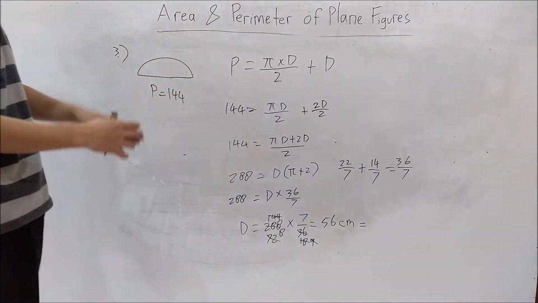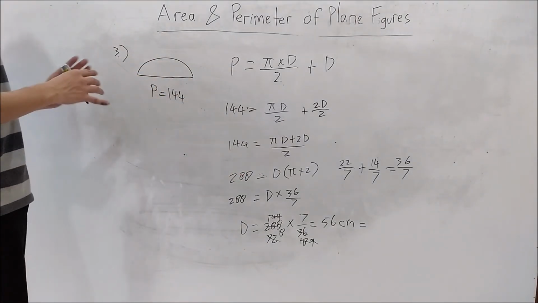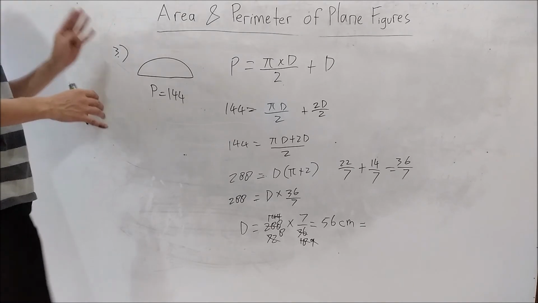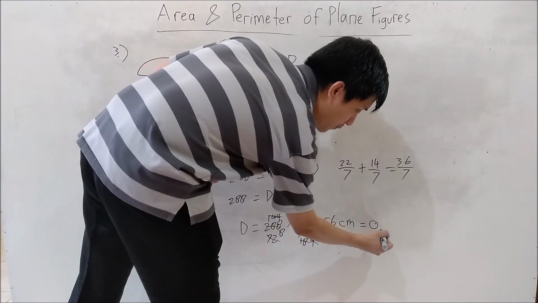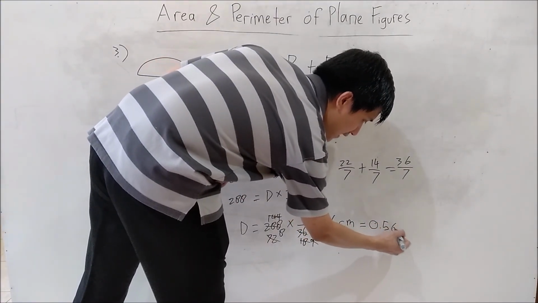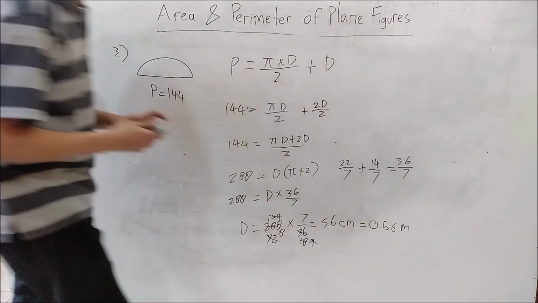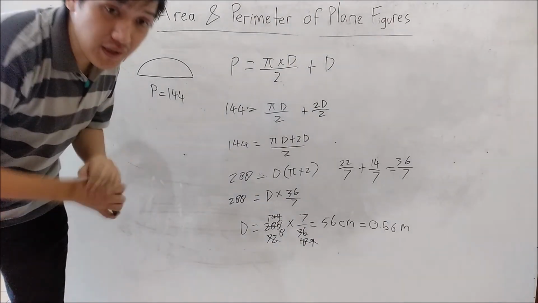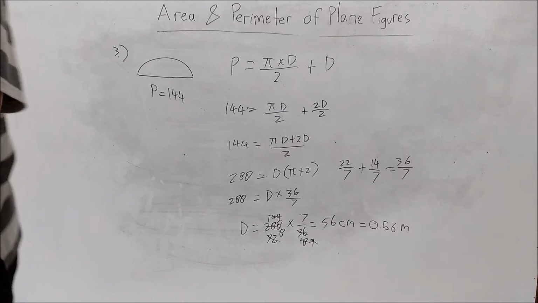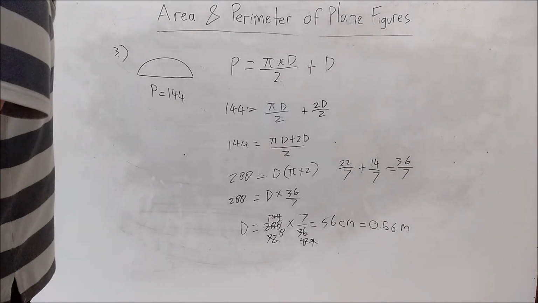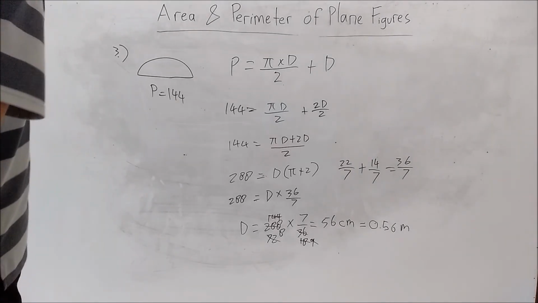If you remember our metric staircase, it will be 2 stair above. So divided by 100, you will have 0.56 meter. Okay, so that's number 4.